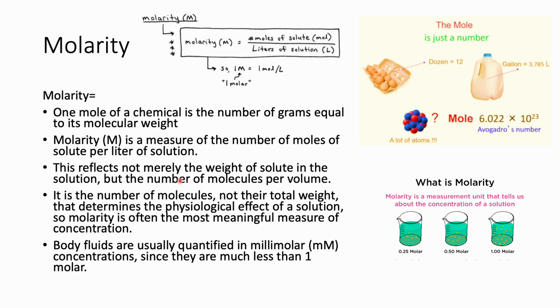This reflects not merely the weight of the solute in the solution, but the number of molecules per volume. Alright, so molarity is a measurement unit that tells us about the concentration of a solution. Here we have 0.25 molar, 0.50 molar, and 1 molar. Do you notice that in each of them, there are more solutes, more moles in that liter of solution? Alright? So it is a measure of concentration.